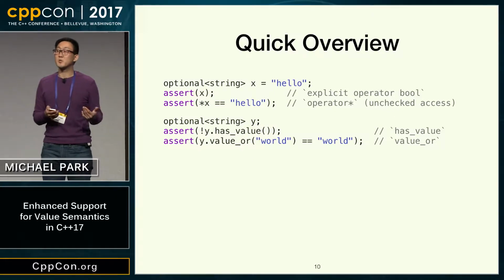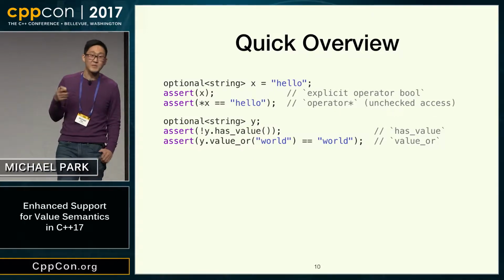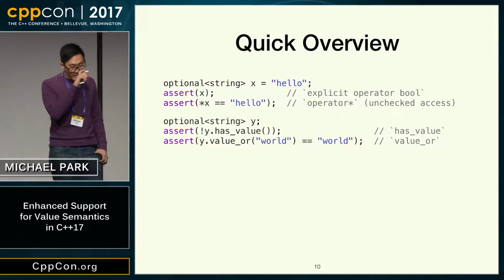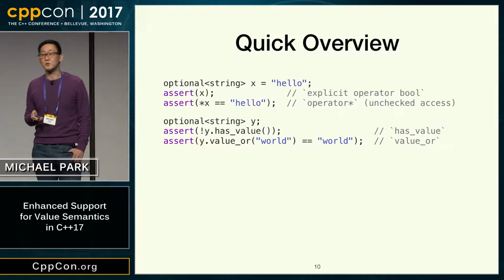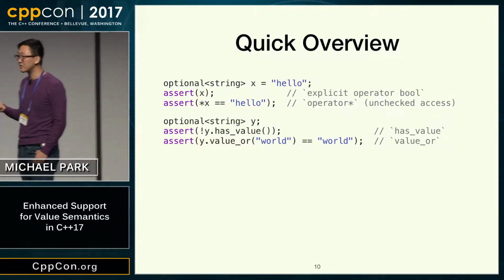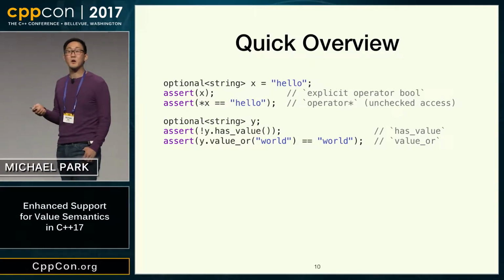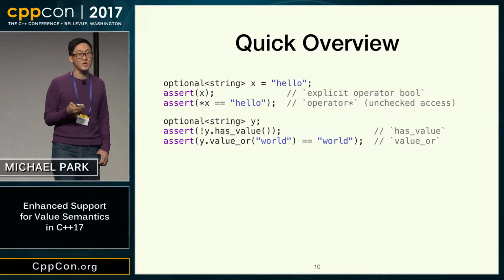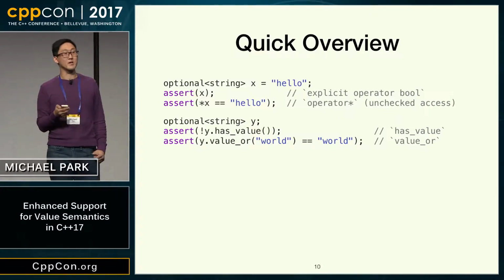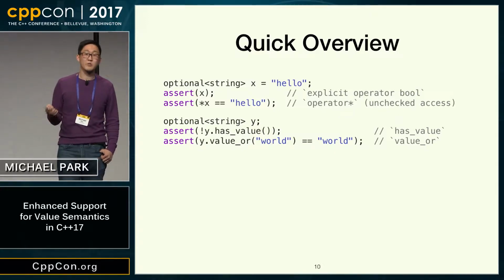If the optional happens to not have a value, then give me back this default value. One thing to note here is that value_or will actually copy or move the value out of the optional, right? So typically, if you go to access a value inside an optional, it's going to get you back a reference to that value, whereas value_or will actually give you not a reference, but a value.